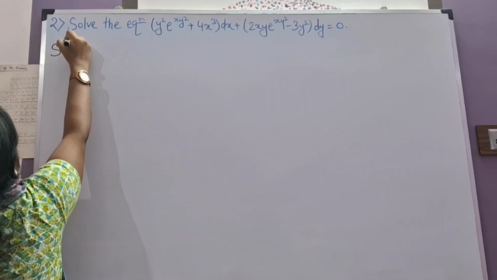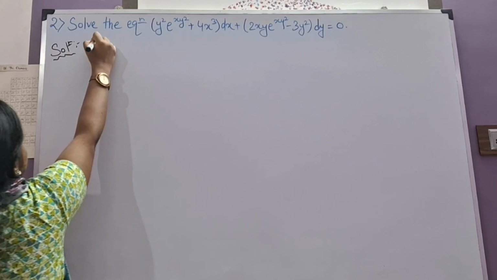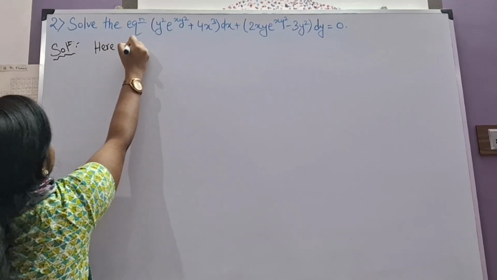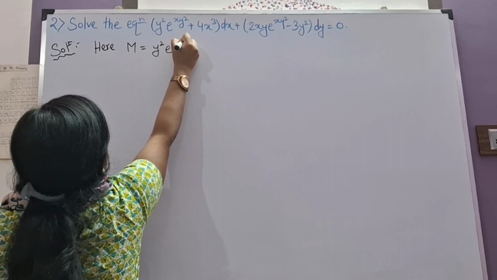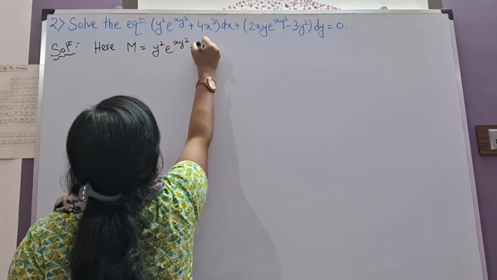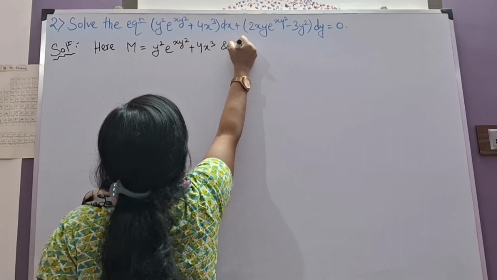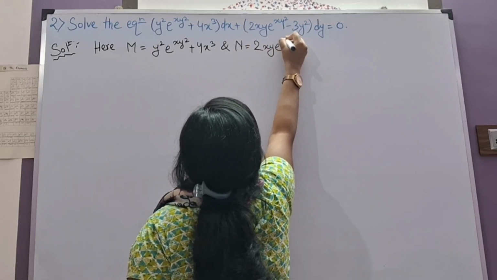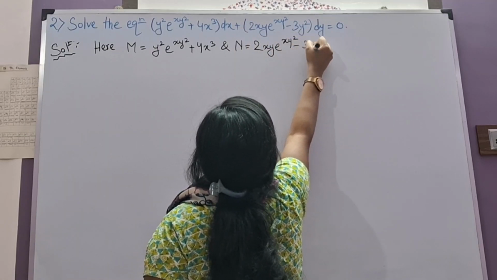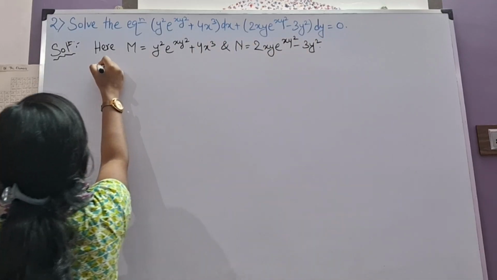Now we are going to solve this equation. Here capital M equal to y square e to the power xy square plus 4x cube and N equal to 2xy e to the power xy square minus 3y square.